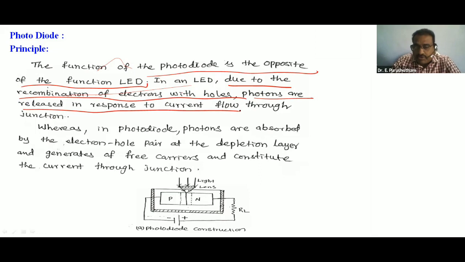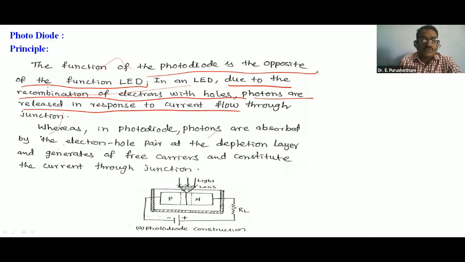Whereas in a photodiode, the photons are absorbed. You see, the light is incident on the depletion layer. The incident light is totally absorbed by the electron-hole pair at the depletion layer and generates free carriers, and they constitute the current through the junction, that is the photodiode.